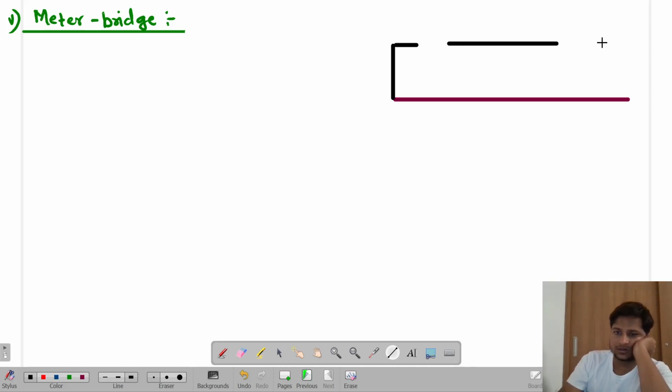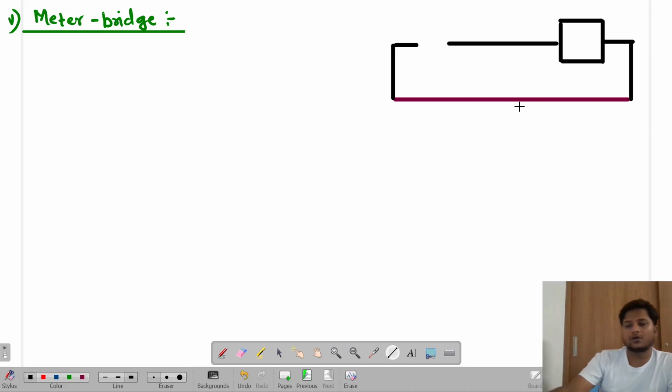and then a shunt box. Here I have this shunt box, and then here I have the resistance box.